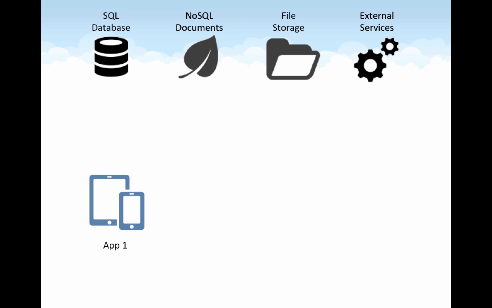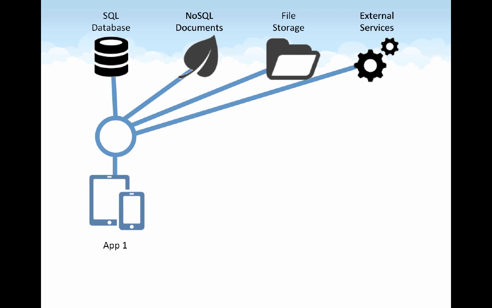This application may need to connect to a bunch of different data sources and have APIs that enable communication between the application, the mobile app running on a phone or a tablet, and SQL, NoSQL in some cases, remote file storage running on a server in the cloud or on premises in some examples, or to external services, which by that I'm referring to web services or REST APIs that already exist.